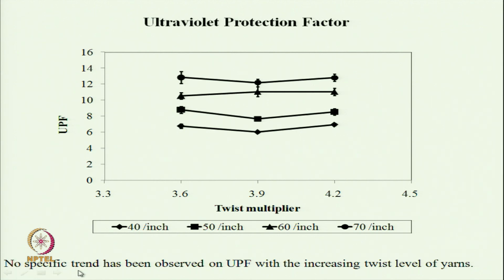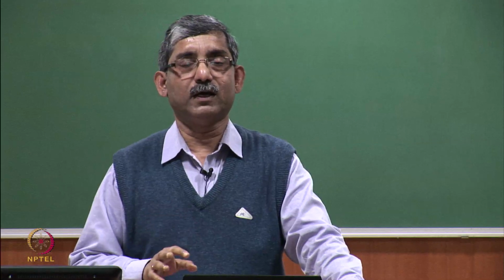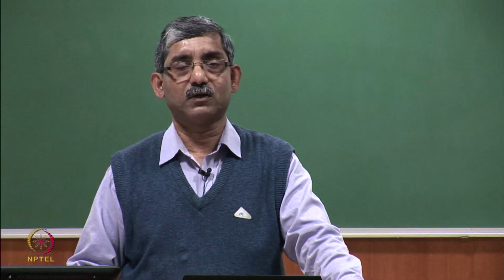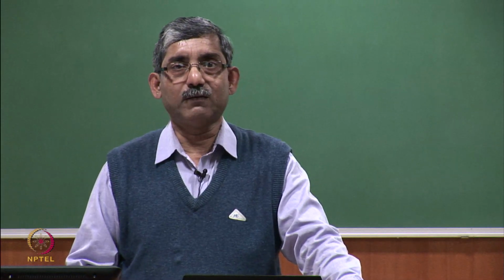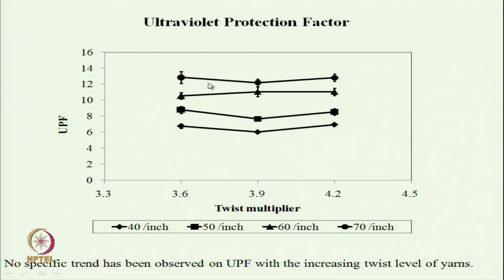So, no specific trend has been observed on UPF with increase in twist level. If we try to keep the mass per unit area, ends per inch, peaks per inch constant, this twist level is not showing any significant trend.